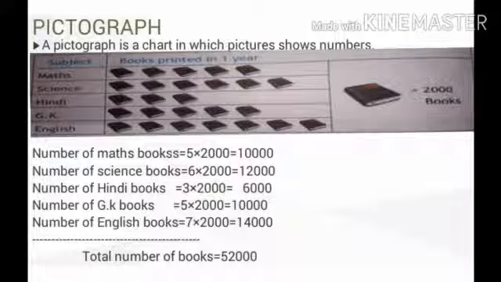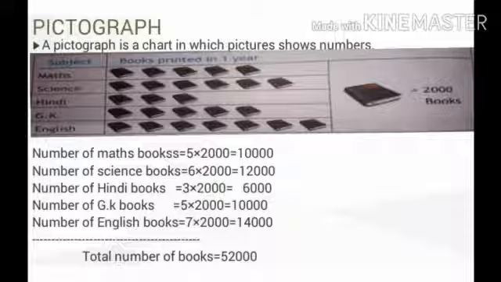Next, science. Count the number of books in the picture. 1, 2, 3, 4, 5, 6. So the number of science books is 6 multiplied by 2000. That is 12,000. In the same way, Hindi also, there are 3 books. So you multiply it with 2000. 3 multiplied by 2000 is 6000.